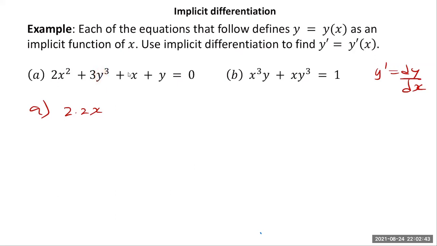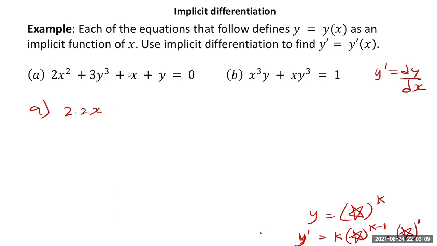If y is equal to star to the power k, the derivative of that function would be k times star to the power k minus 1 times the derivative of that star. You need to apply that rule here.